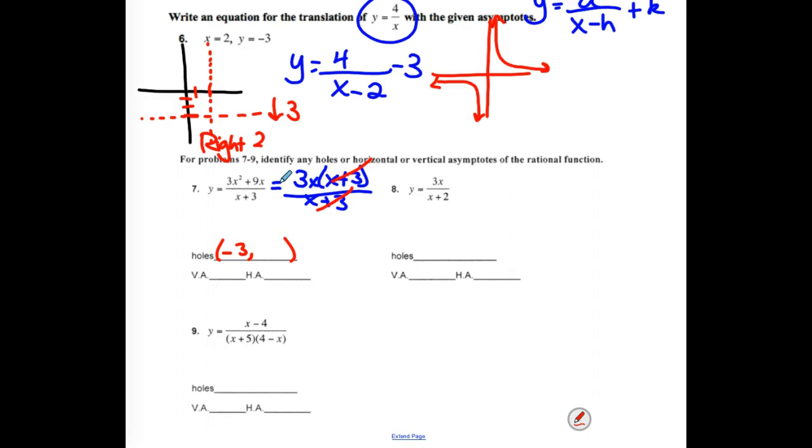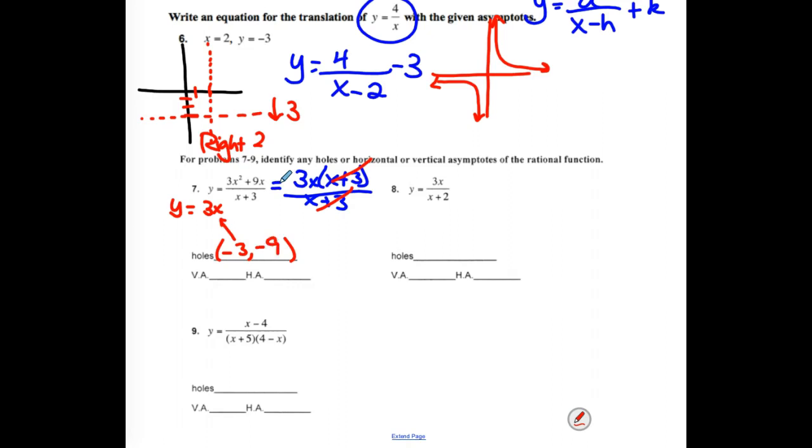So if we get rid of those x plus 3 factors, this really becomes y equals 3x, right? It's just a line. It's going to go through the origin, have a slope of 3, right? But our line is going to have a hole when x is negative 3. So if we plug a negative 3 in here, what do we get? All right.